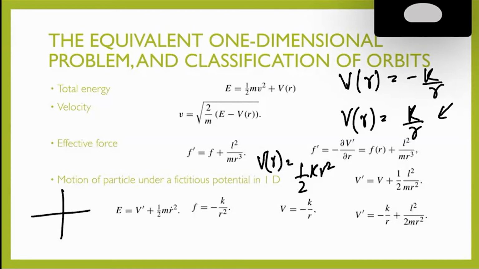However, the way I wanted you all to plot was first plot L square by 2mr square. Then plot K by R. Here the slope will be relaxed compared to this one, as it is 1 by R. Then you plot the effective potential, and this is the result.